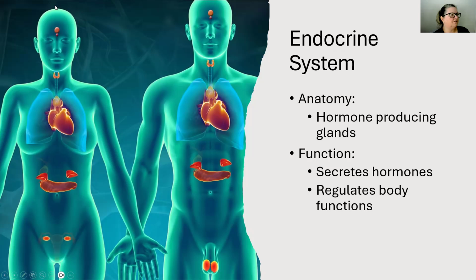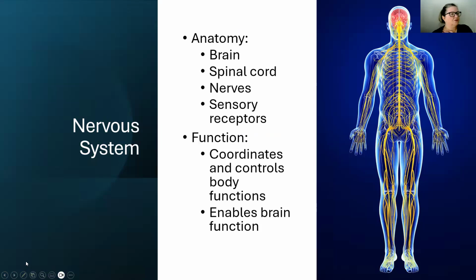So if you notice here, the female and the male, everything is the same until you get to the gonad area where the hormone secreting glands for the male are the testes and the female are the ovaries. You'll notice that a lot of these systems kind of have crossover where they share structures but work independently for the different systems.